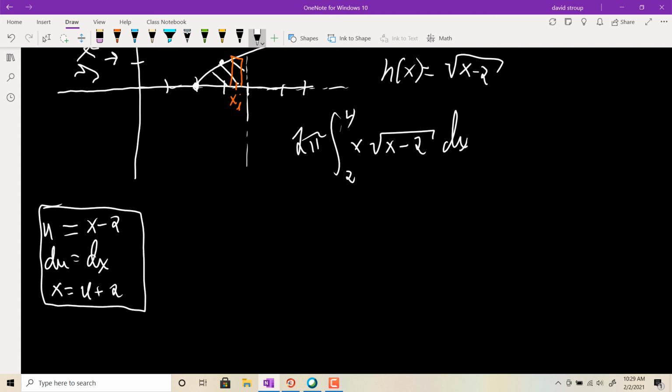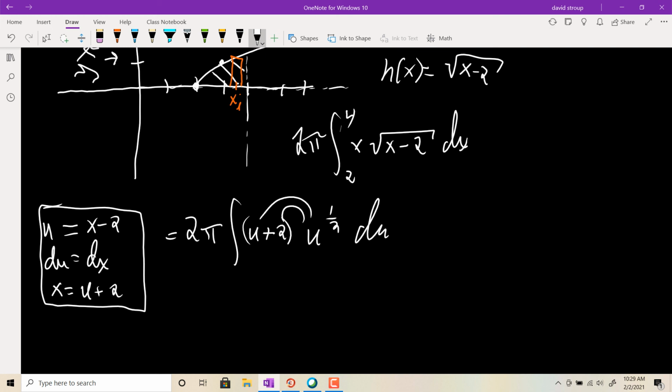So I'll end up with 2 pi times the integral, and I'm going to drop the limits until the end, and then back-sub x is u plus 2 times the square root of u times du. Dx is just du. I'm going to rewrite that square root of u as u to the 1/2, and then I'm going to distribute.